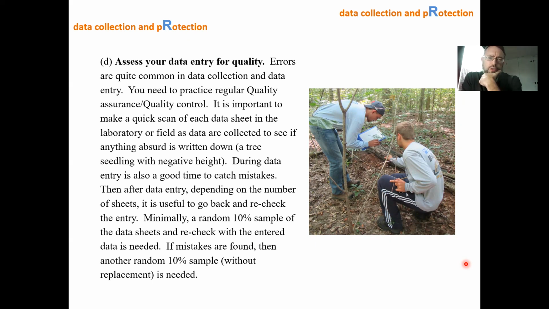Also, during data entry is a good time to check for mistakes. What I implemented years ago, and we're not doing this in my lab now, but probably should return to this, is when it's time for data analysis and you're all done with the data collection, get the sheets back out and literally check 10% of them, and make sure that the data are perfectly entered.